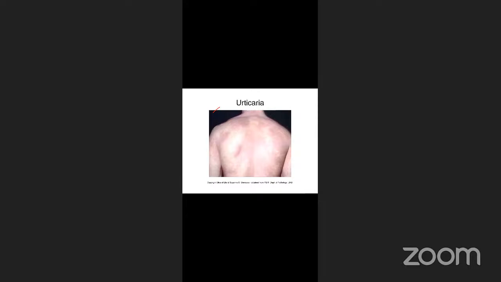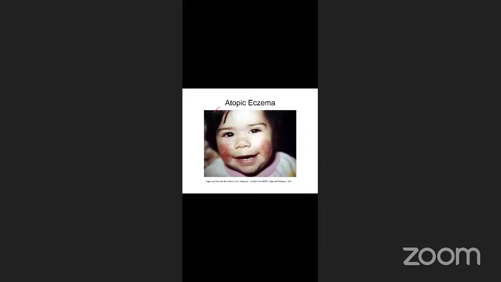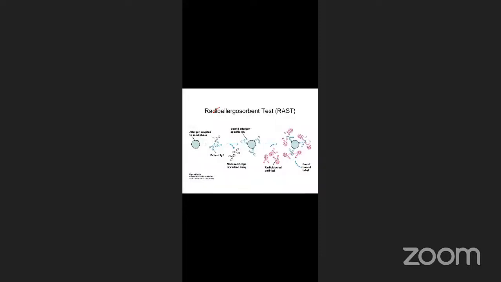Food allergens are sometimes different types of localized anaphylactic reactions. What is the treatment for this? I am coming to that point. Atopic eczema is another example, and different treatment methodologies are there.